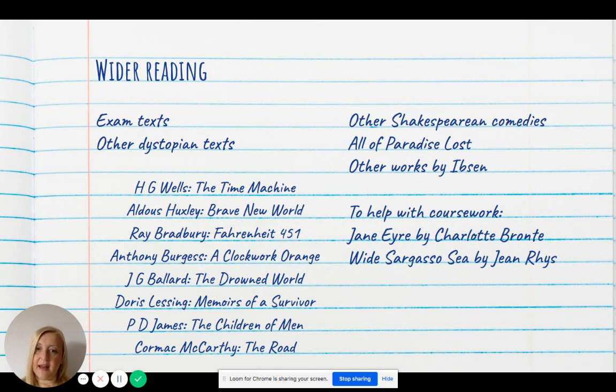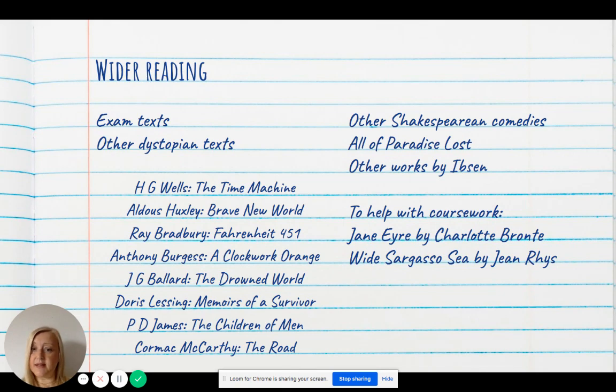The list here then is the wider set reading list that the exam board OCR give us. And you can see that it's in chronological order. So the Time Machine is the oldest text on there. You can access that online for free, right up until The Road by Cormac McCarthy. Very different books.